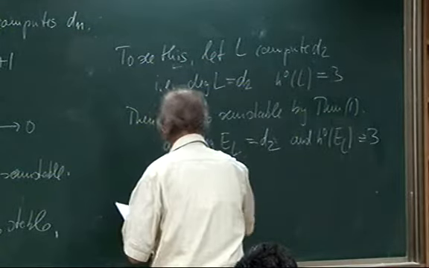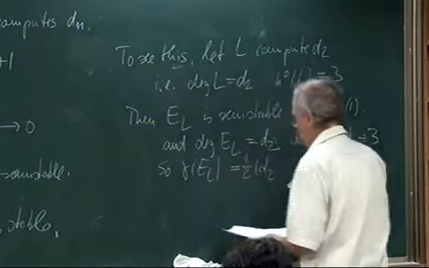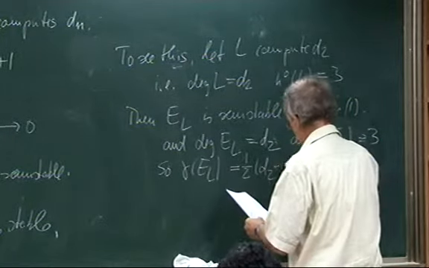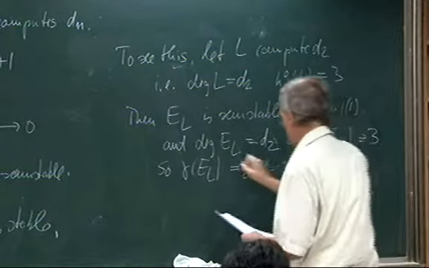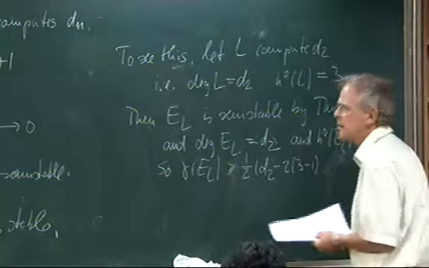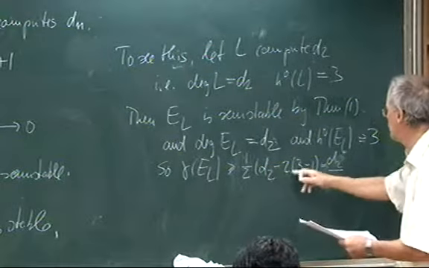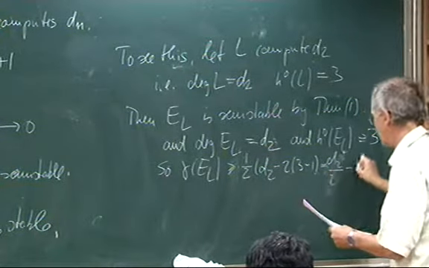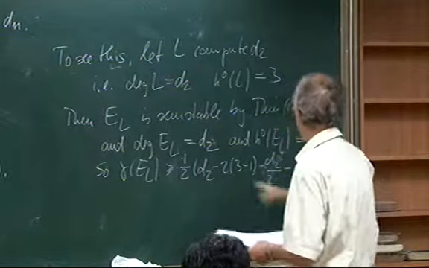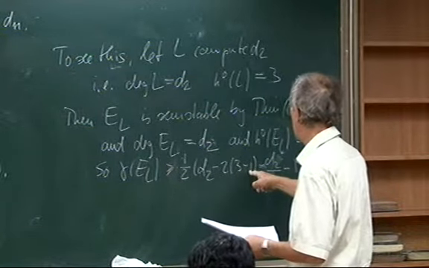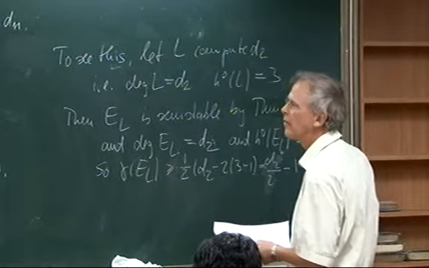So we get gamma of EL, which is by definition 1, 2 minus 2 times 3 minus 1, which is greater or equal to D2. If you work this out, this is D2 over 2 minus 1. Why minus 1?